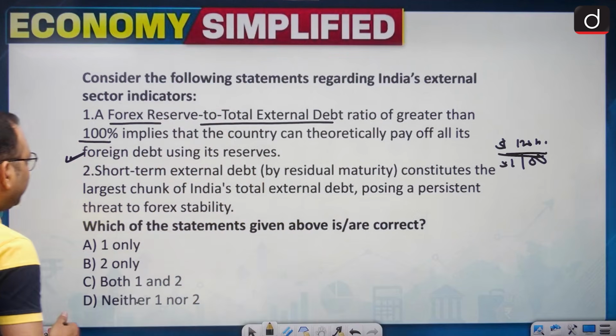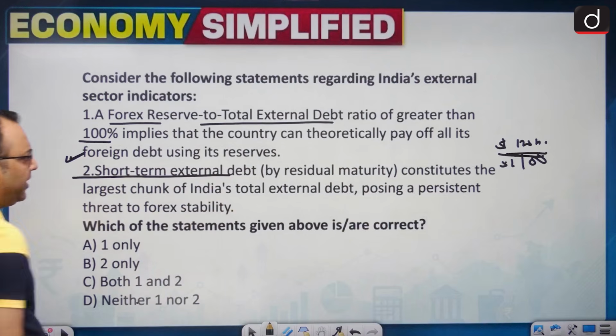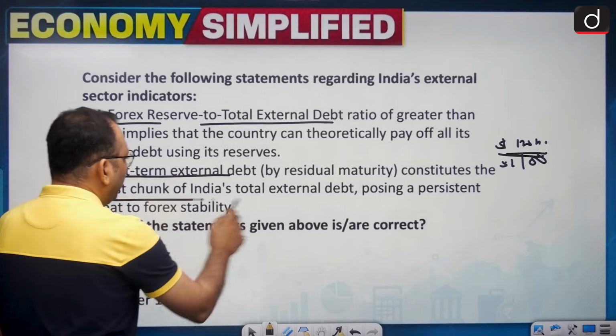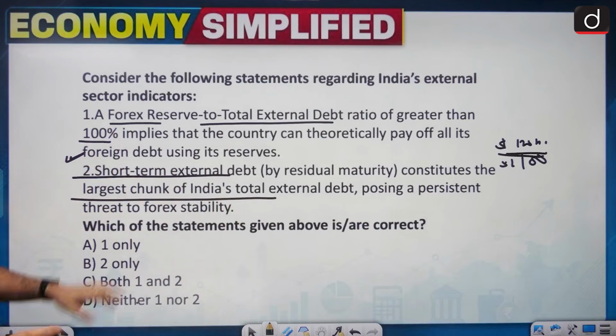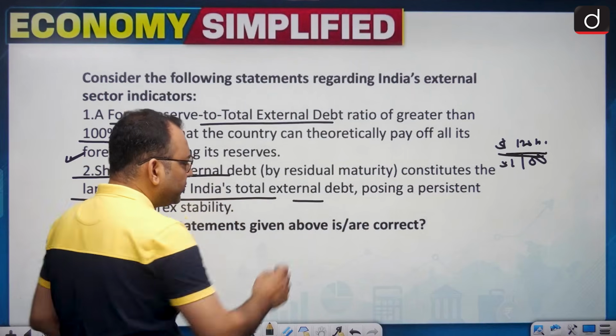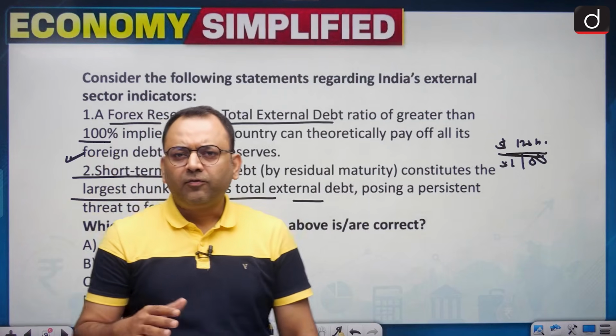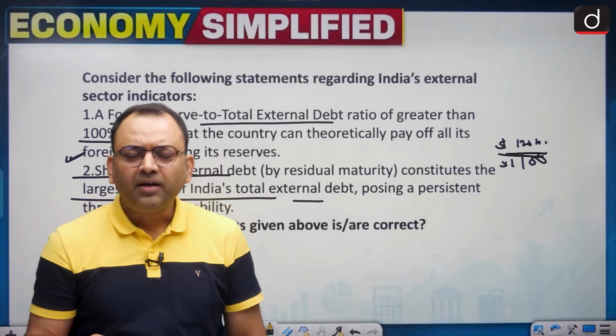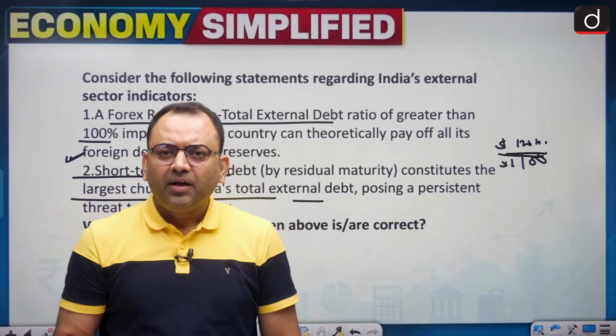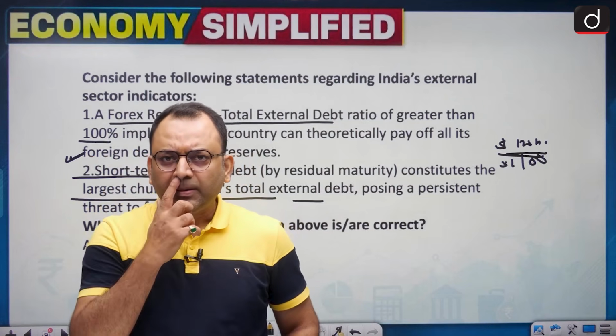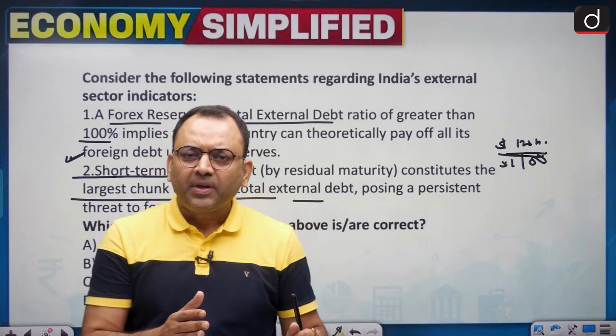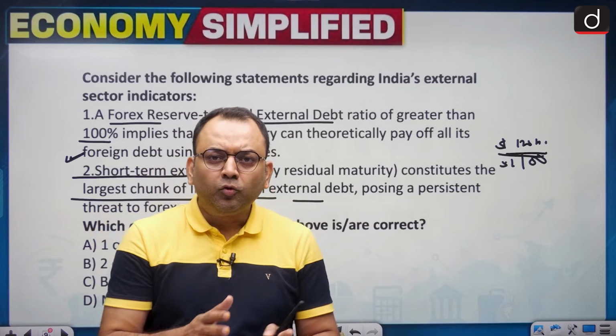The second statement is that short-term external debt constitutes the largest chunk of India's total external debt. Friends, this statement is incorrect, because we have a debt of more than $750 billion, and 18% of the debt is short term and 82% is long term.